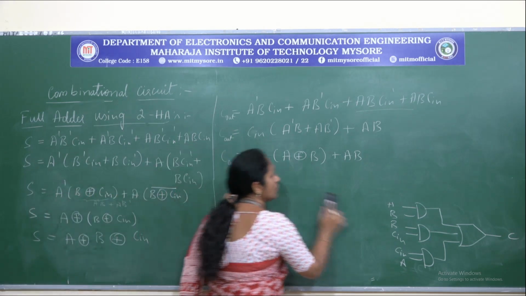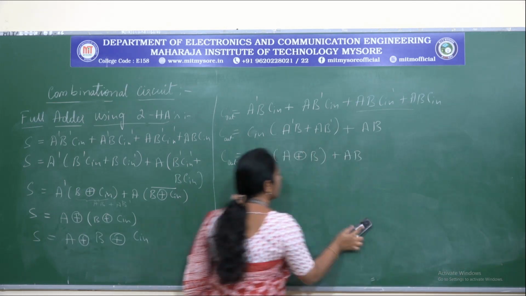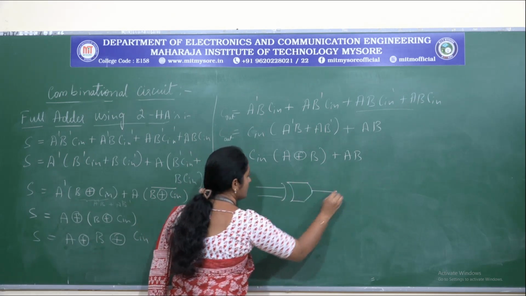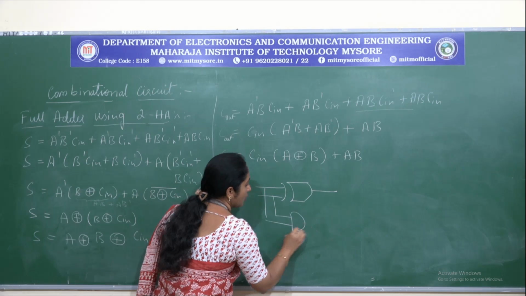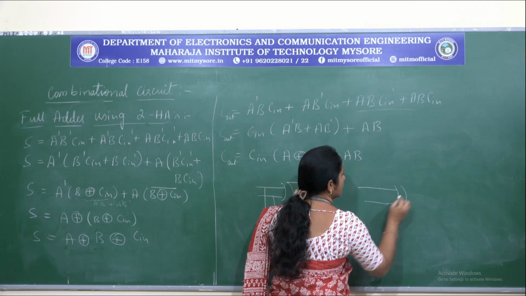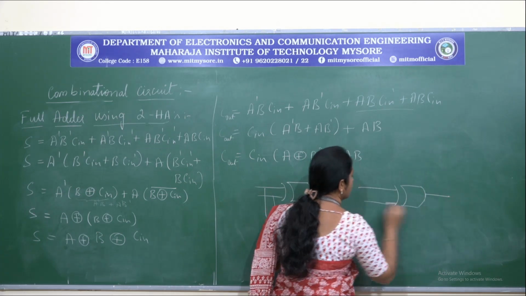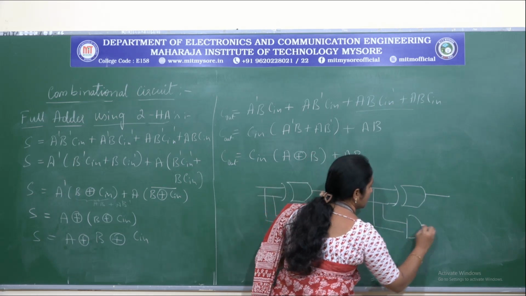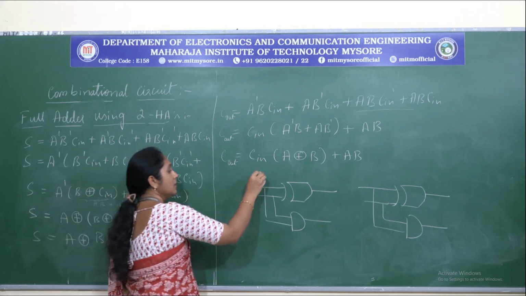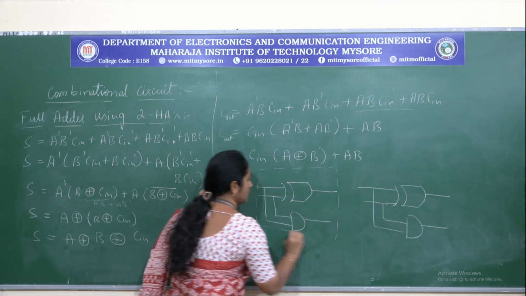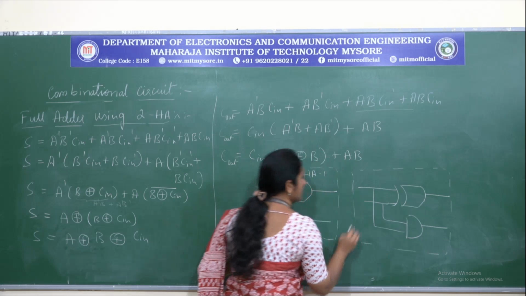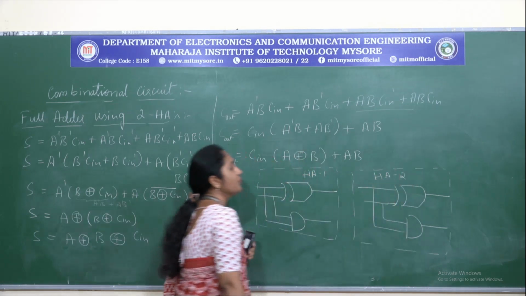Now let me write two half adders. This is one half adder. I have written two half adders here: half adder 1, half adder 2.